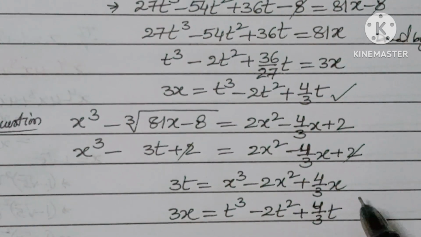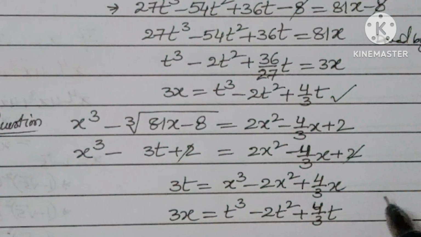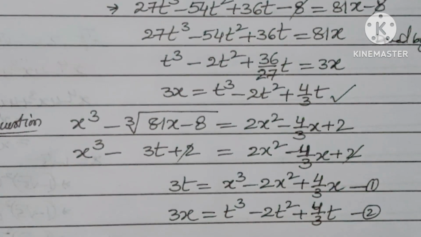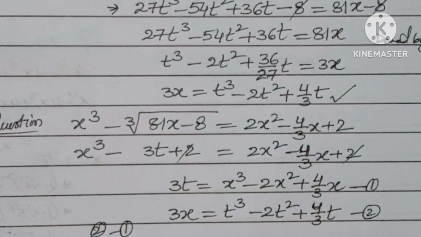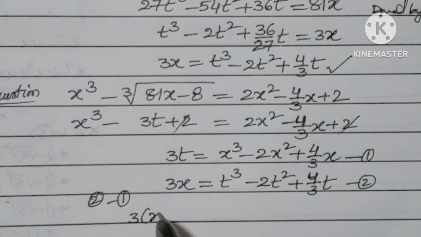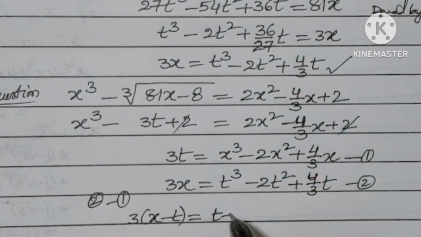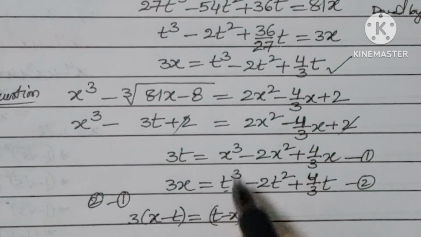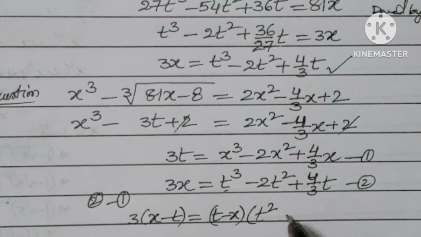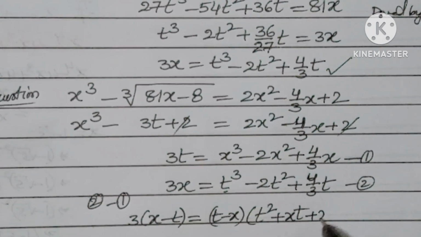Now subtracting these two values, let us take them as 1 and 2. So you are doing 2 minus 1 now, the second one minus the first one. 3 into x minus t is equal to t minus x into t square plus xt plus x square, which is t cube minus x cube.